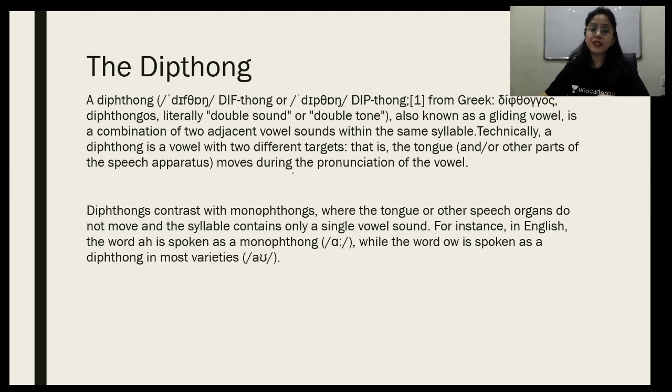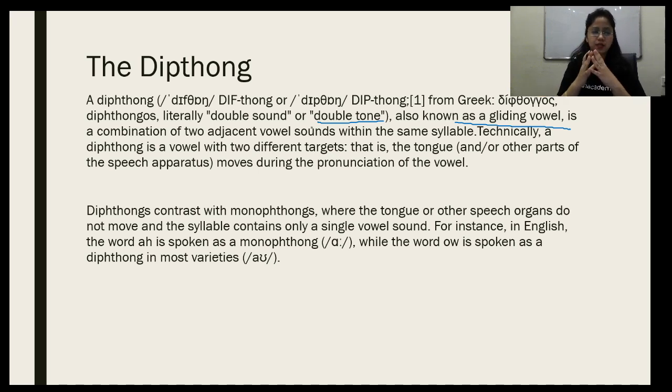Alright, now let me tell you about the diphthong. A diphthong, again, is a Greek word. They mean double sounds or double tones. They are also known as a gliding vowel because it is a combination of two adjacent vowel sounds.